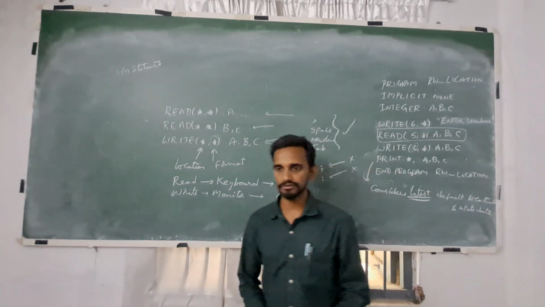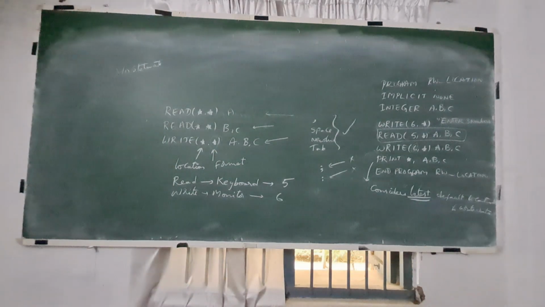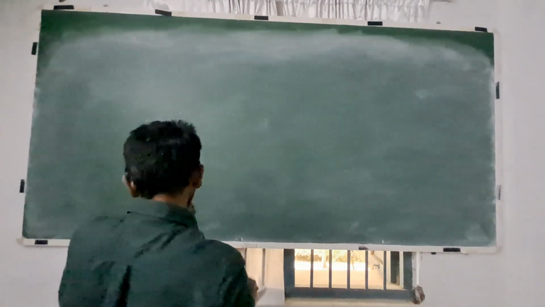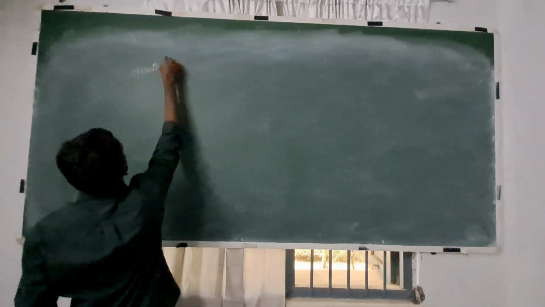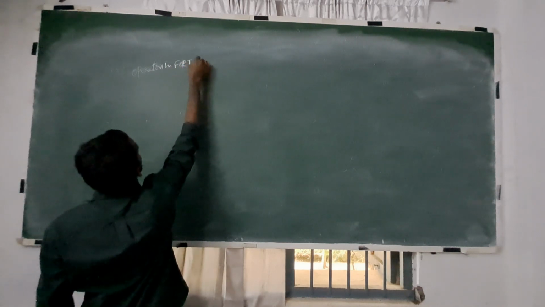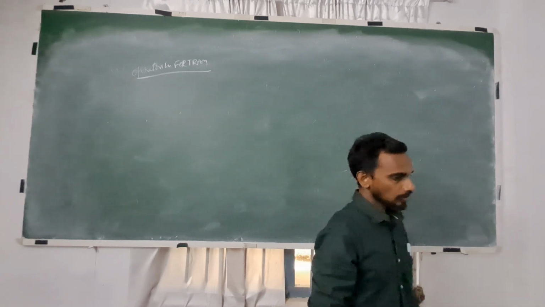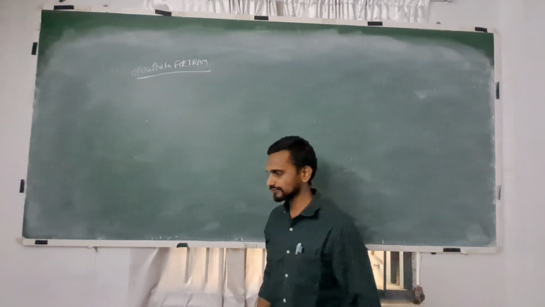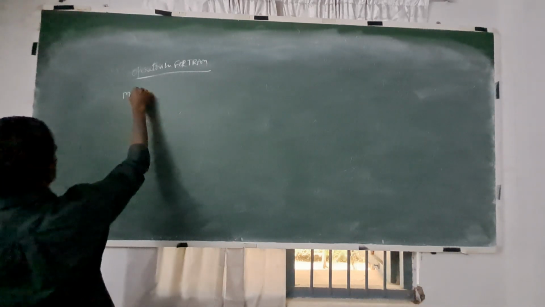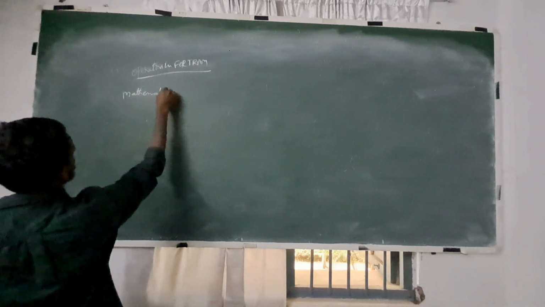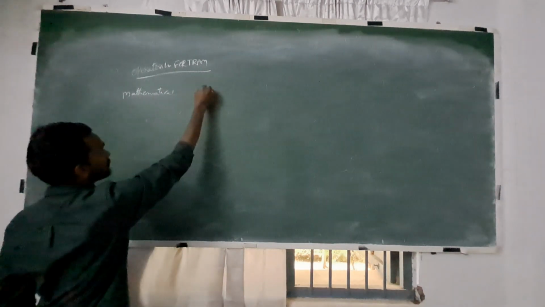These mathematical operations. Operators in FORTRAN. There are a set of mathematical operators like addition, subtraction, multiplication.